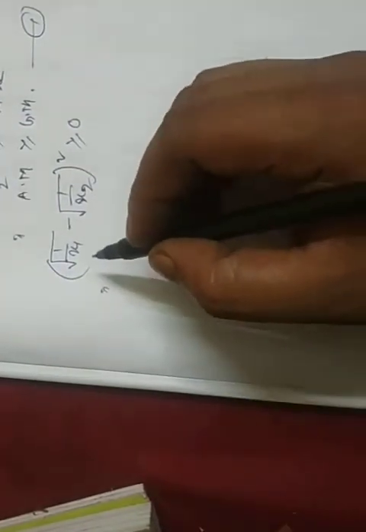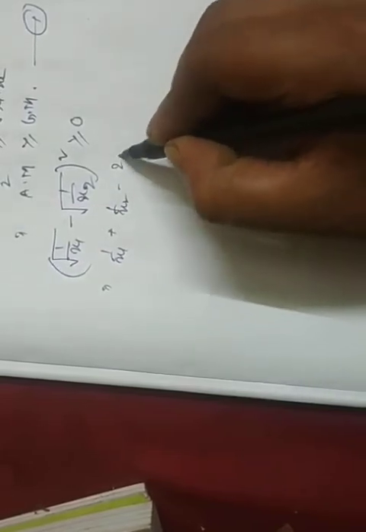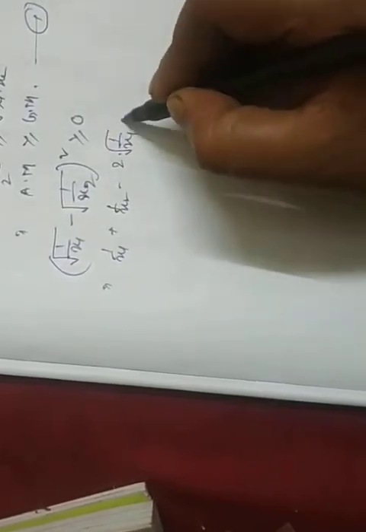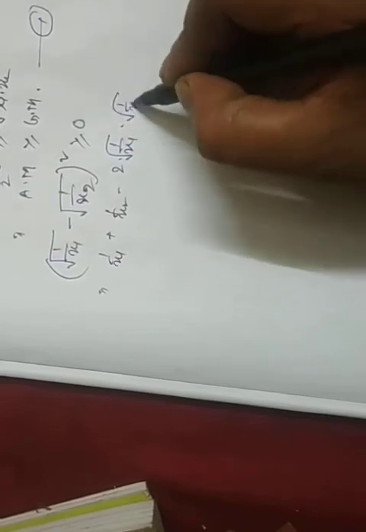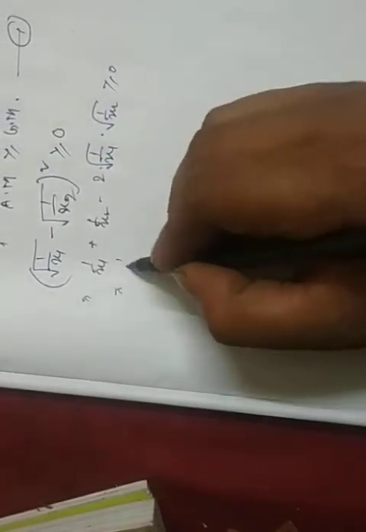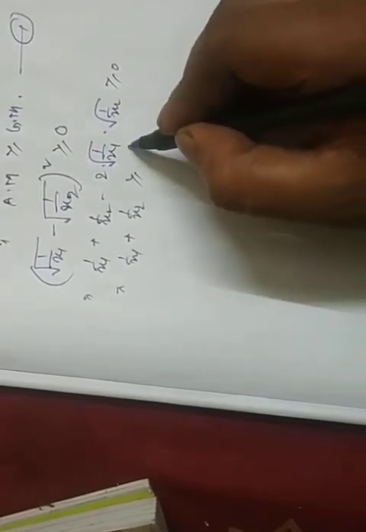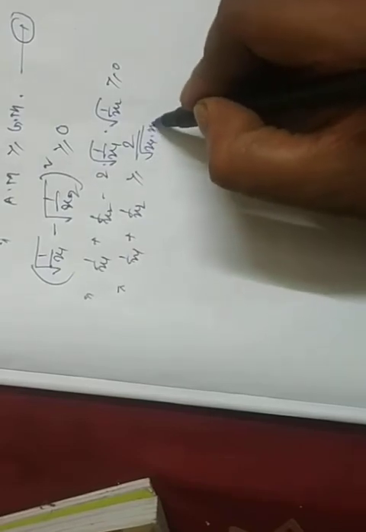After expanding, we get 1 by x1 plus 1 by x2 minus 2 root under 1 by x1 into root under 1 by x2 greater than or equal to 0. Taking the negative part to the other side, we get 1 by x1 plus 1 by x2 greater than or equal to 2 by root under x1 into x2.